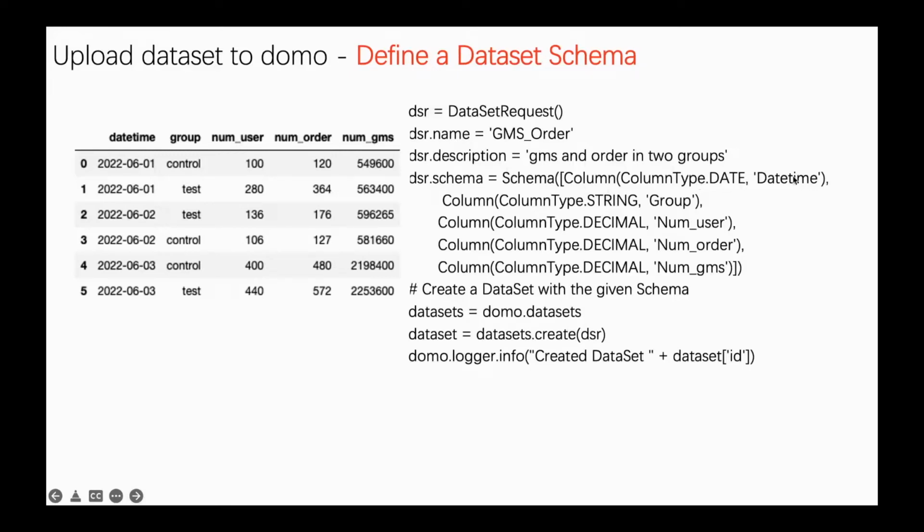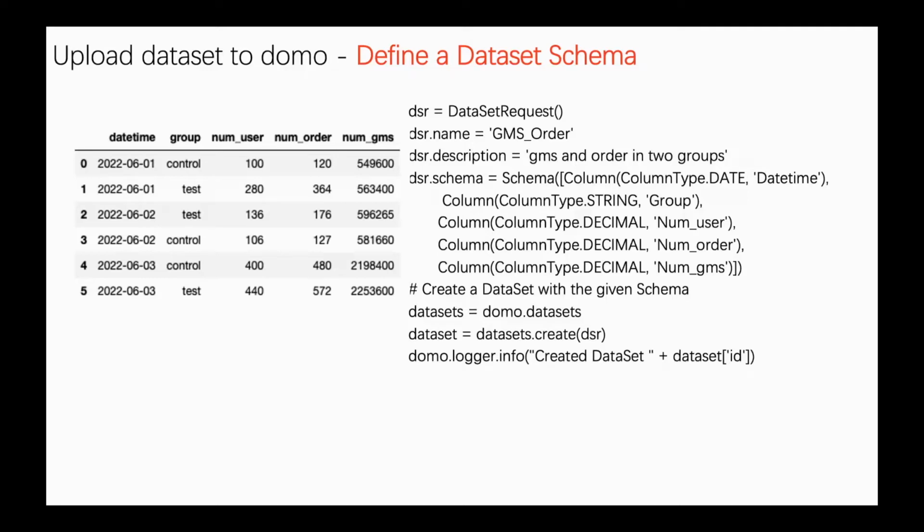For example, the date column's type is date, the group column's type is string, and number user, number order, and number GMS are decimal. You can use these two lines of code to create a dataset in Domo. After you run this code, you have successfully created your dataset in Domo.